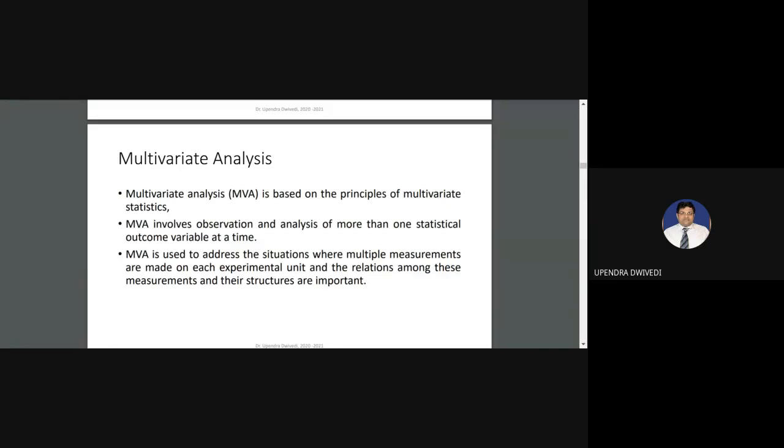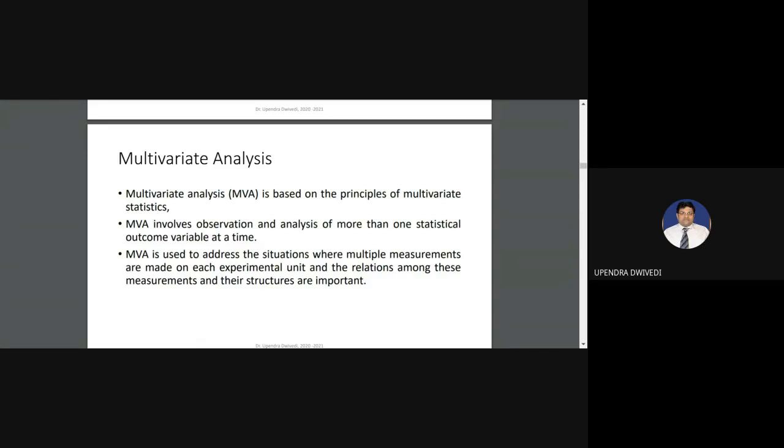Multivariate analysis is based on the principle of multivariate statistics. We have to find the relationship between multiple predictor and predicted variables, and we analyze those relationships using statistics. It involves observation and analysis of more than one statistical outcome variable at a time.